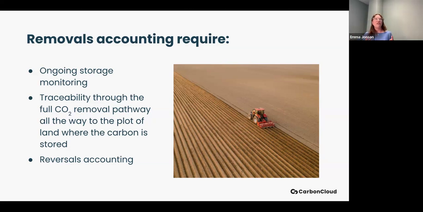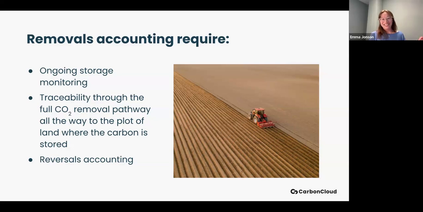So if you are a retailer and you have a product that contains wheat, let's say, and if you want to claim removals in your value chain, you need to have traceability all the way back to the specific piece of land where that exact wheat was grown.